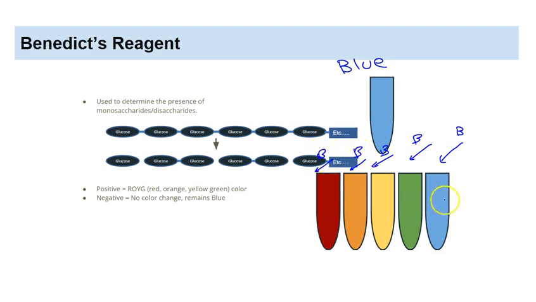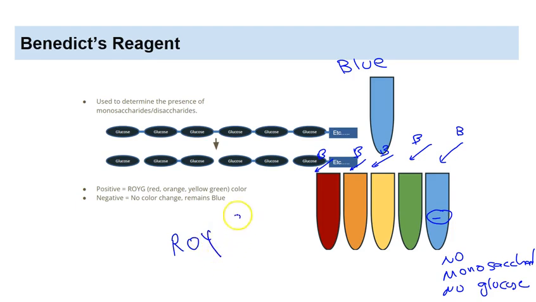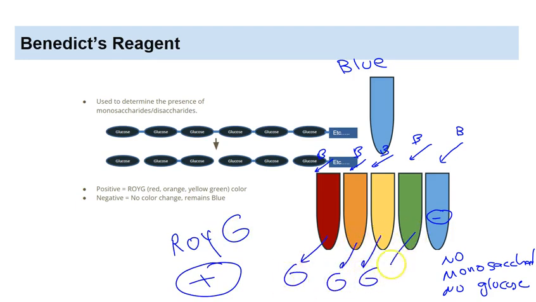The first one on the right side stays blue, which means no color change, so our test is negative. It means there is no monosaccharide or glucose inside our solution. But when we get green, yellow, orange, or red, it means the test is positive. It means we should have monosaccharide, like glucose, inside our solution.